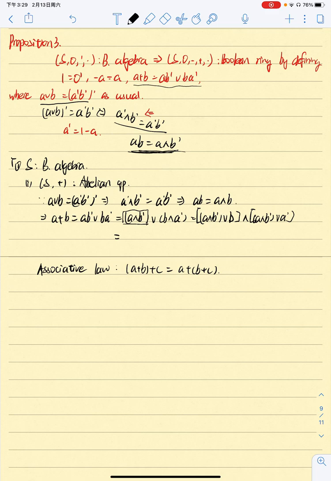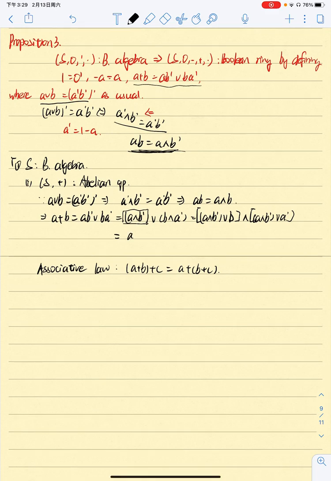So it will get A or B, and B prime or B. Oh, sorry.